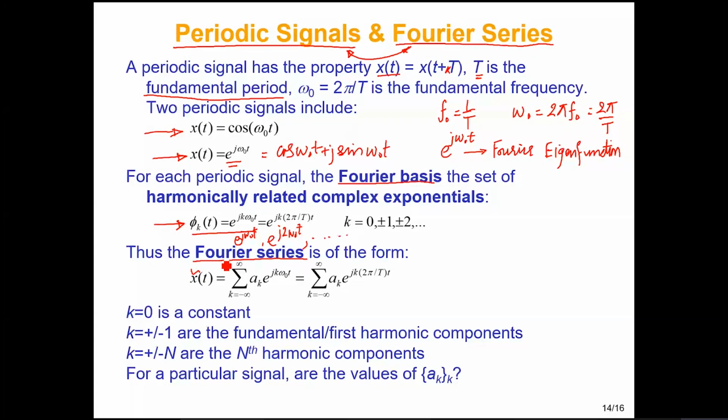So what Fourier proposed was that any periodic signal can be expressed as a sum of scaled complex exponentials which are harmonically related. Let me repeat it. The way the Fourier series is defined is that he said that any periodic signal, notice the term periodic, this series he actually proposed was for periodic signals.